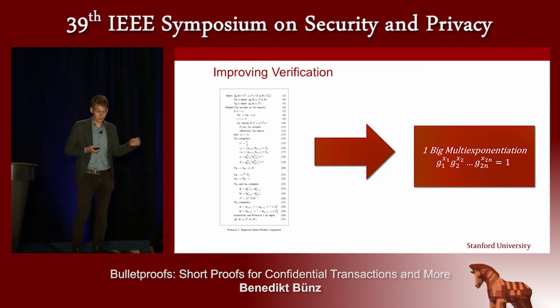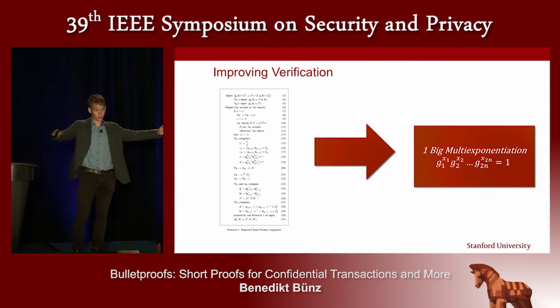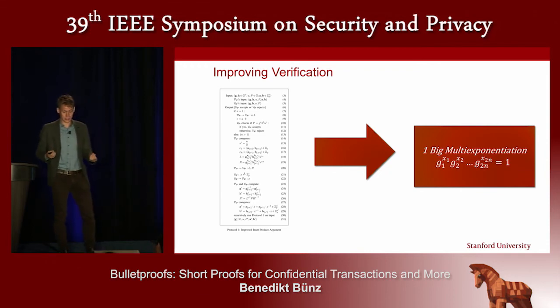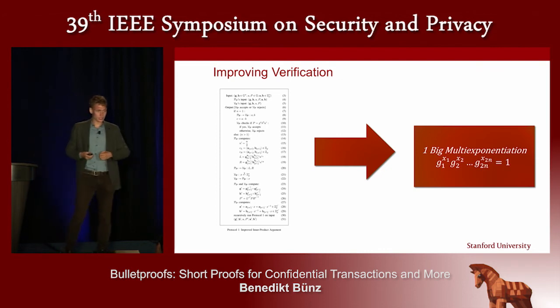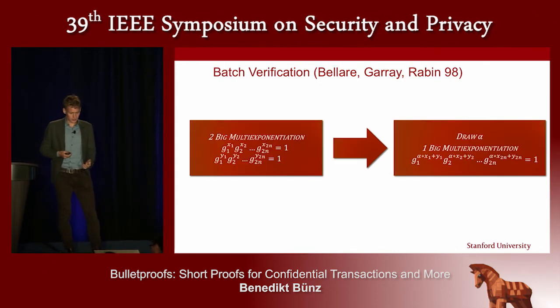So these x's here are elements derived from the proof. And again, the proof is logarithmic size, but you can then expand the proof into a linear number of elements. So that's why the verification is linear. And then you just have to check the single equation, which is called a multi-exponentiation. So why does this help us?